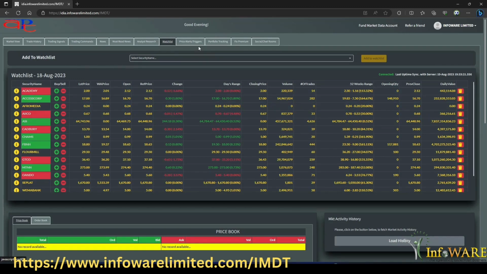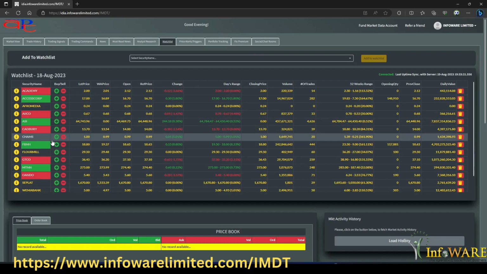Now, this is an extremely important view here. This is a watch list. The watch list is like your own personalized market view. The goal is that instead of looking at the entire market, most traders tend to focus on a select set of stocks. So here you can simply pick any stock and add it to your watch list. Like you saw when I was in the trading signals, you can remove any item from your watch list.